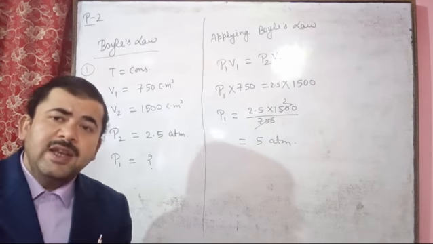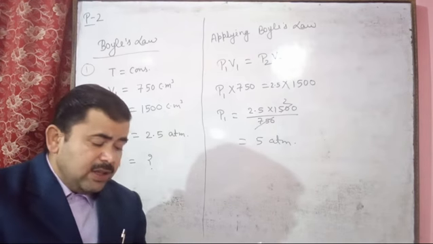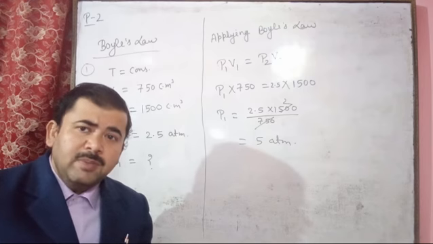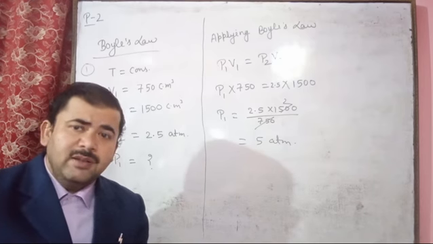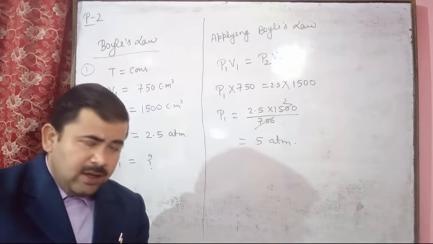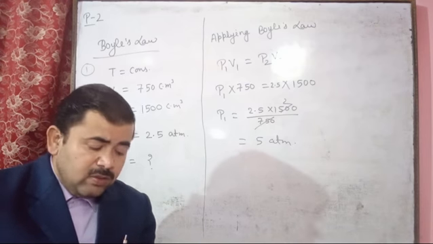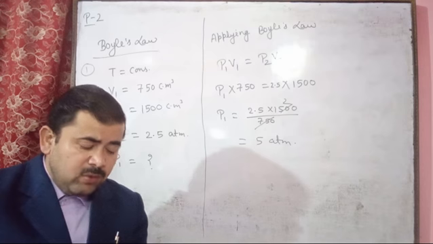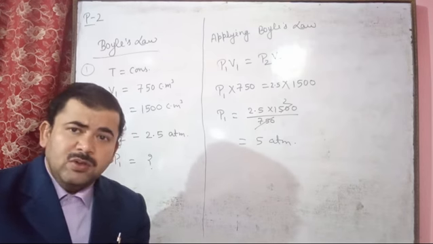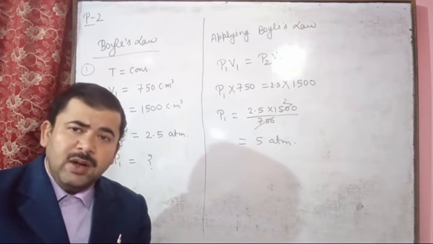So the initial pressure is 1200, and the second pressure will be 1200 minus 500, which gives 700. Then the final volume is given as 2400 centimeter cube, and we have to calculate the initial volume.